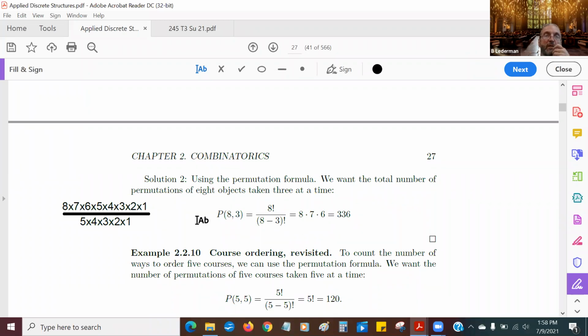If you look on the side, 8 factorial is 8, 7, 6, 5, 4, 3, 2, 1, all multiplied. 8 minus 3, of course, is 5 factorial, so 5 factorial is 5, 4, 3, 2, 1. If you notice, you have the 5, 4, 3, 2, 1 on the bottom, and you have 5, 4, 3, 2, 1 up here on top. That all cancels, and I'm left with just 8, 7, 6. And that's where that all comes from. So that is the story with that problem.